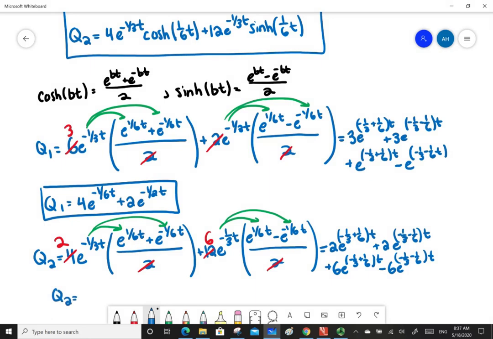So q2 equals 8e to the negative 1/6 t minus 4e to the negative 1/2 t.